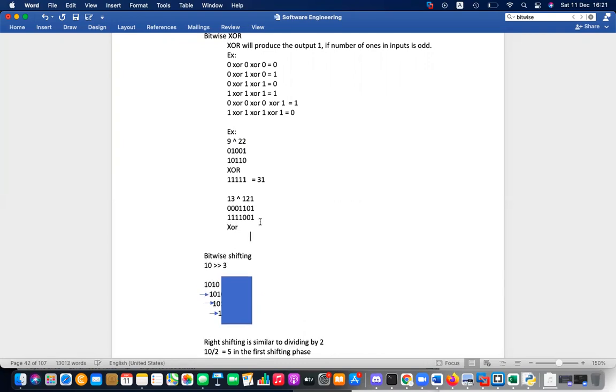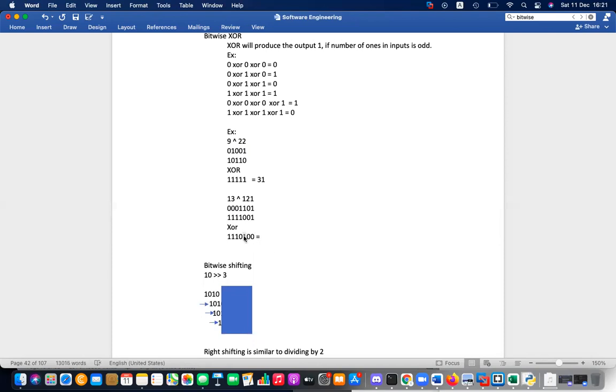So when you XOR, if you have two ones, it becomes zero. Two zeros also give zero. A one and a zero give 1. 1 and 1 again give 0. Then you have 3 zeros and 3 ones. So again you'll get 1 for those because it's odd. So this will be the answer. According to the answer, let's convert that to the normal number.